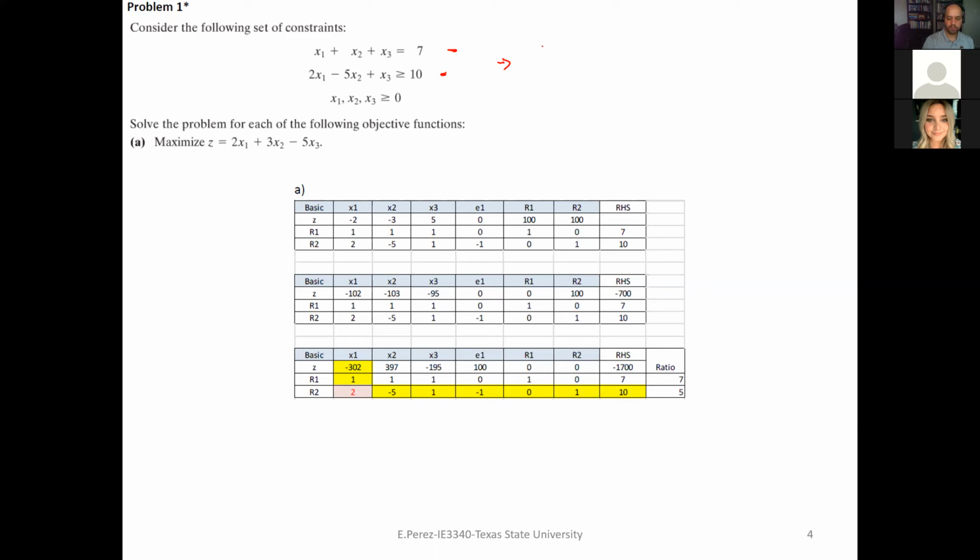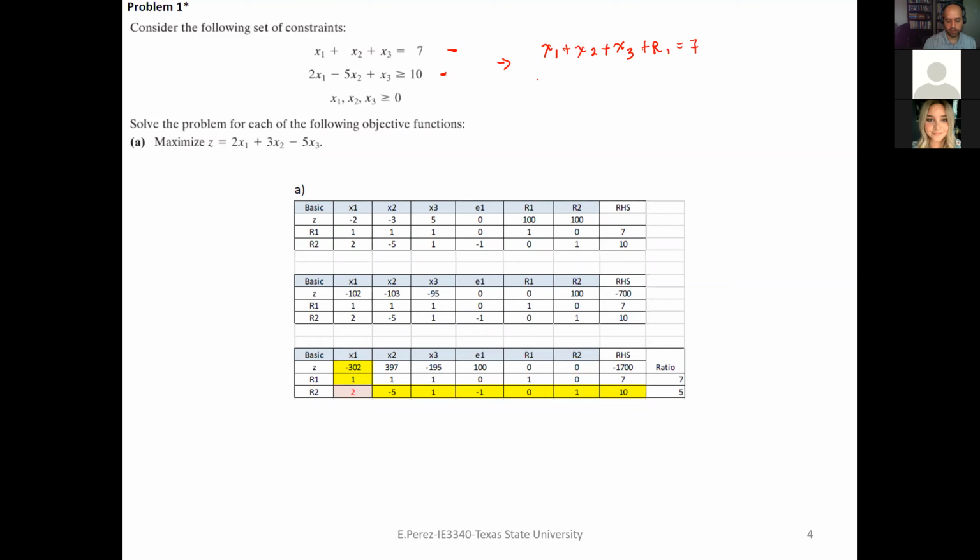And then, so you have x1. Sorry, I think I have something. So if you put this into standard form, you will need an artificial variable for the first constraint.